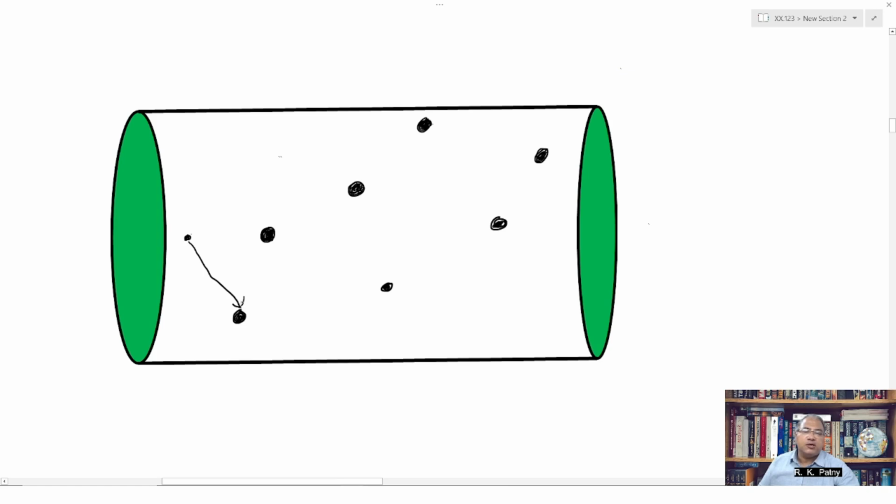After the collision, its direction changes and it collides with another positive ion, and thus it will suffer multiple collisions. After each collision the direction of the electron changes, but the velocity of the electron remains the same; only the direction is changing.